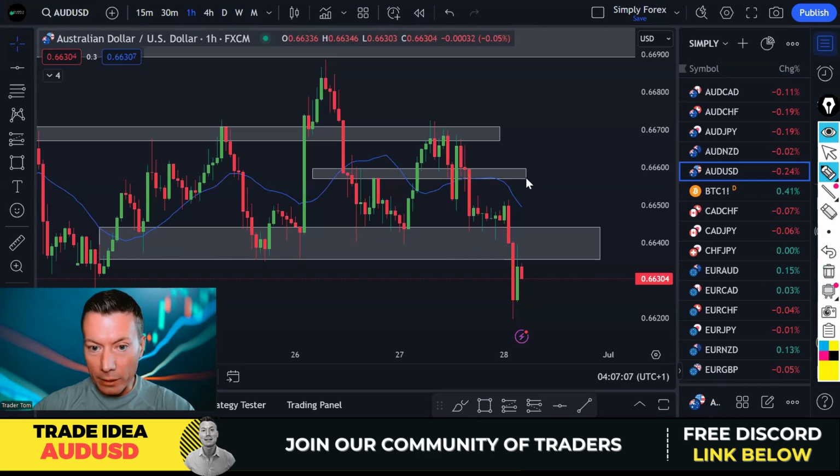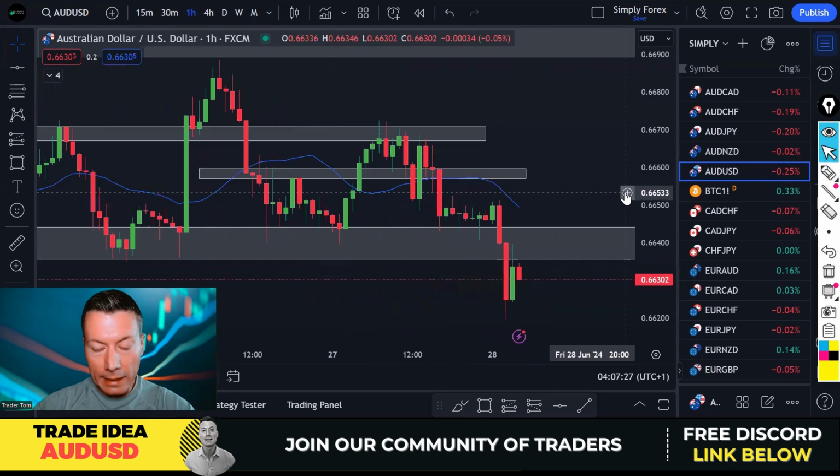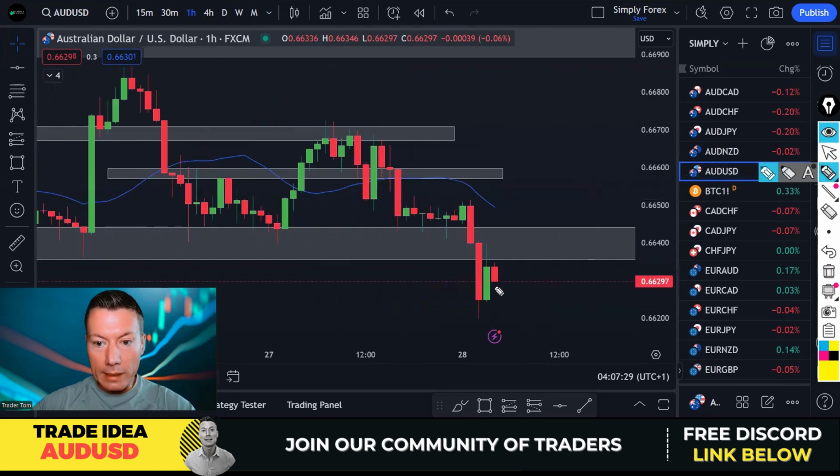Let me zoom in now so you can see it. We've broken down, we've had a nice retrace back into this grey zone, and then basically, guys, I entered in here. I've put my stop above here and I'm looking to take price lower. So I'm in this trade. I literally just entered it a couple of minutes ago. So let's see. We want to see this come down.